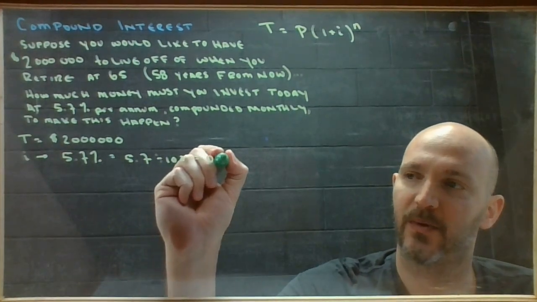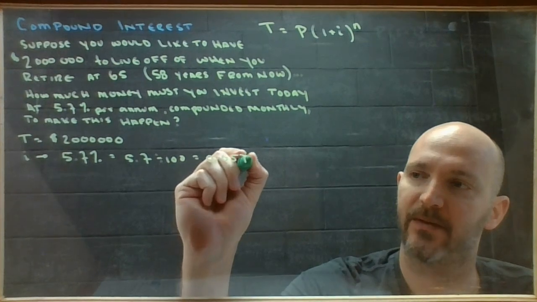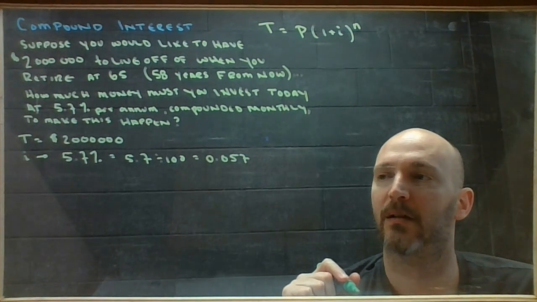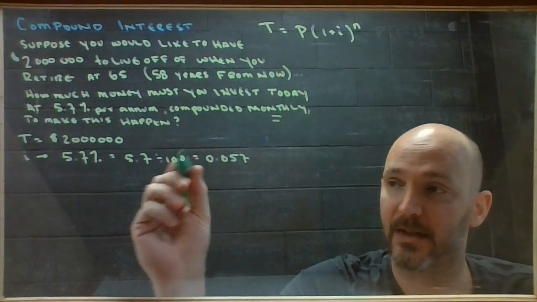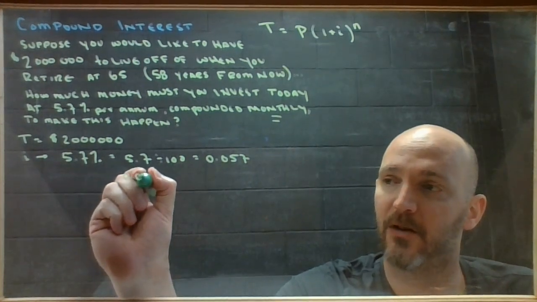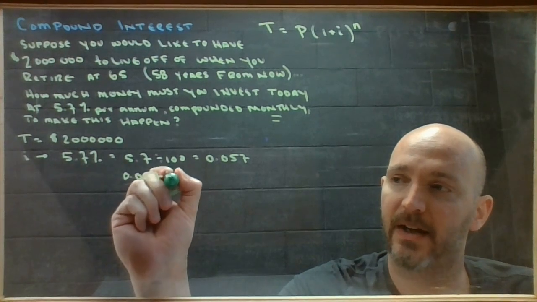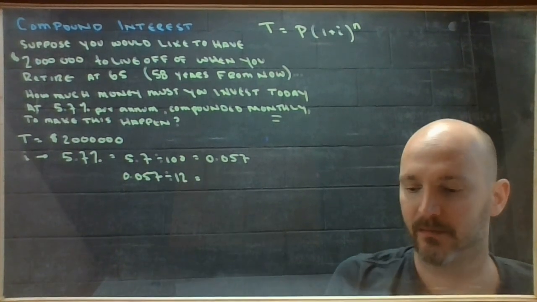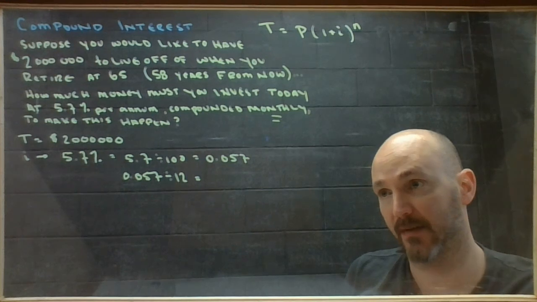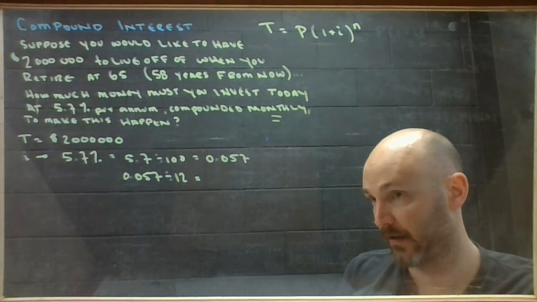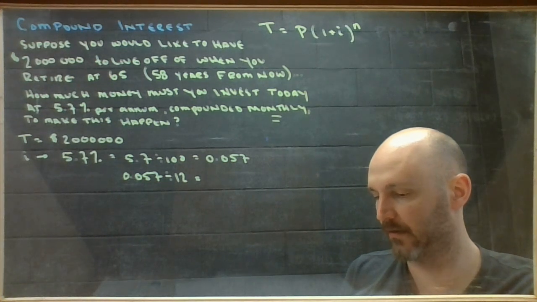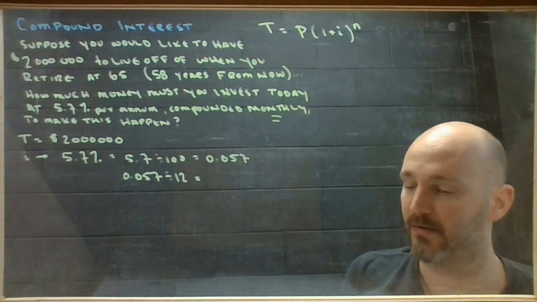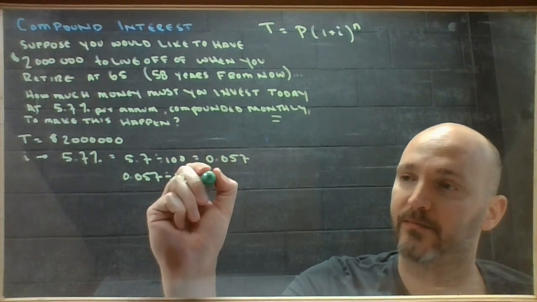That gives you 0.057. And then it is compounded monthly, so I'm going to have to take that 0.057 and divide it by 12, because I'm only applying a piece of that interest every month. 0.057 divided by 12 gives me 0.00475.